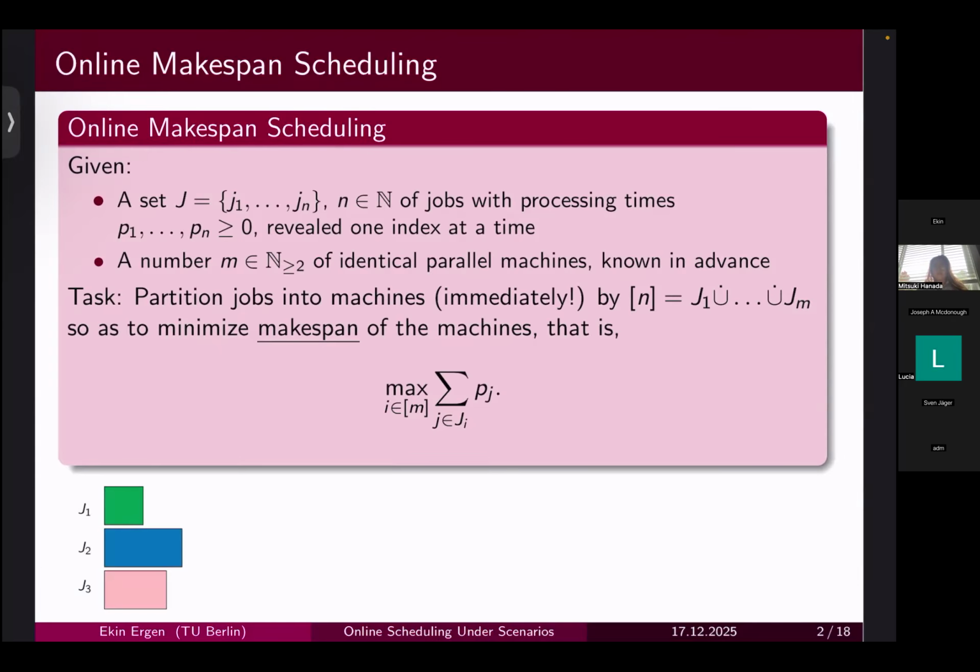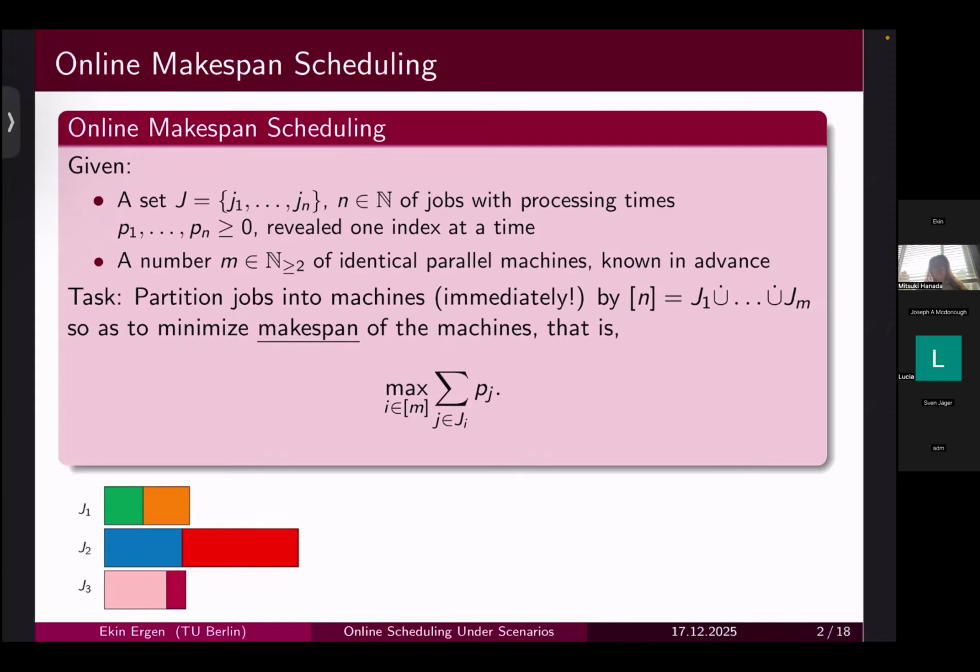Maybe the third one as well. Then we load the first one more because it wasn't as loaded. So now it looks pretty balanced. And intuitively, you want to keep them balanced because the biggest one should be as small as possible. And then another one, and then maybe another one that you have to place somewhere, and it looks unbalanced.